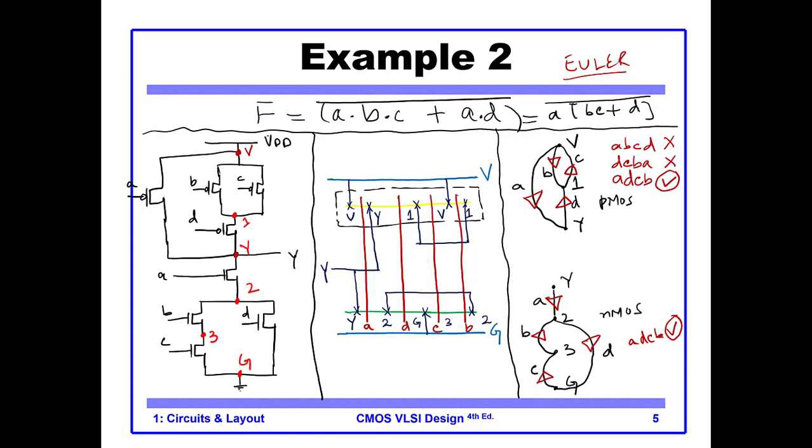On the top I have 1 2 3 4 5, and on the bottom 1 2 3 4. So I should start with this one. 1, 2, 3, 4. So my W is equal to 4 plus 1, and this whole thing multiplied by 8 lambda, which is 40 lambda.